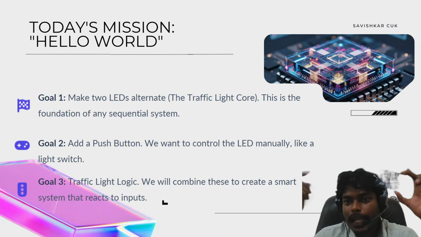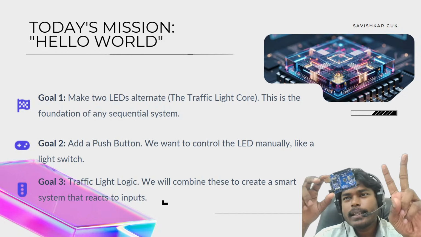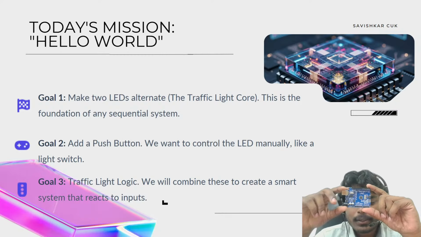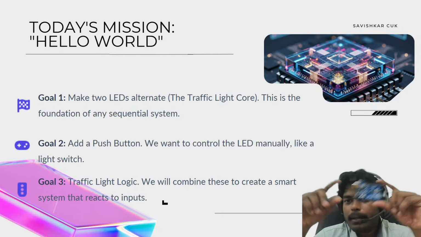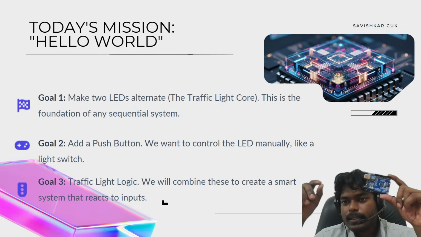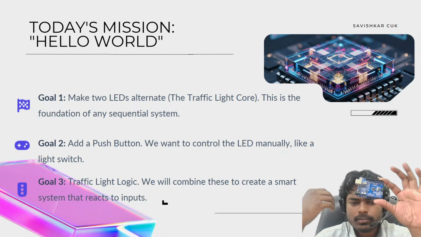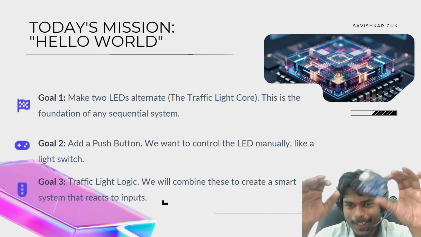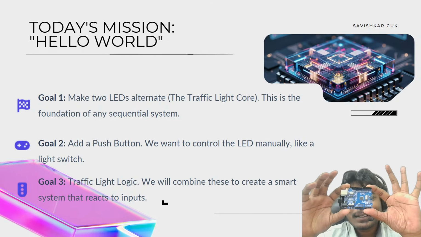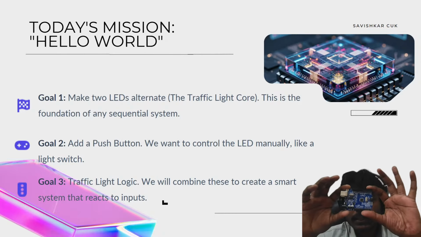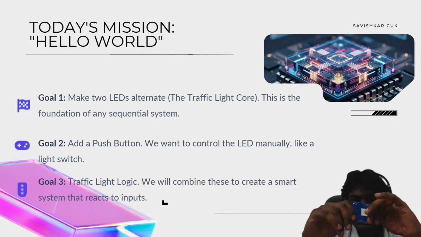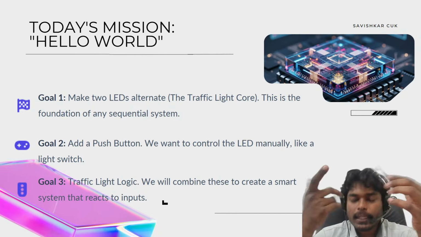For simplicity, if we take just two signals, one red and one green, red means traffic needs to stop, and green means traffic can go. So that's basically the two LEDs which we need. First we will simulate it, and then we will move forward to interface it with the Arduino.